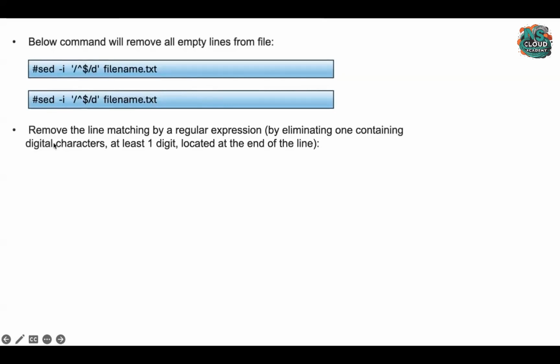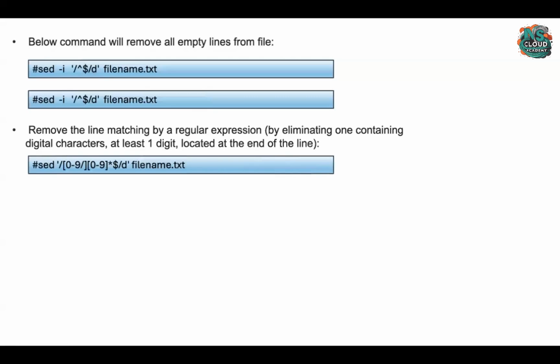All right. And now remove lines matching a regular expression, eliminating the ones containing at least one digit located at the end of that line, right? So here also you have to define, just like if you want to delete any line with a regular expression, and that line contains at least one digit, right?